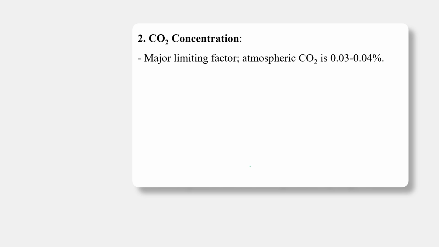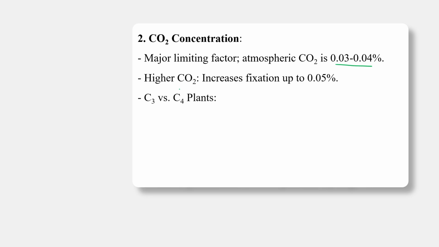Carbon dioxide concentration also acts as a major limiting factor. Normally in the atmosphere carbon dioxide concentration is 0.03 to 0.04%. If carbon dioxide is present in higher amount, it will increase fixation up to 0.05%. Now let's compare C3 with C4 plants.